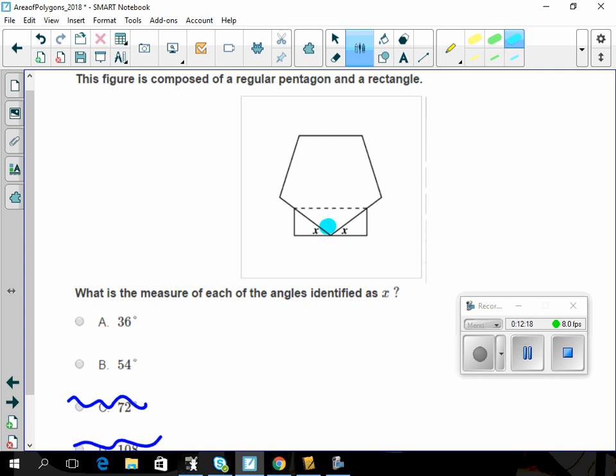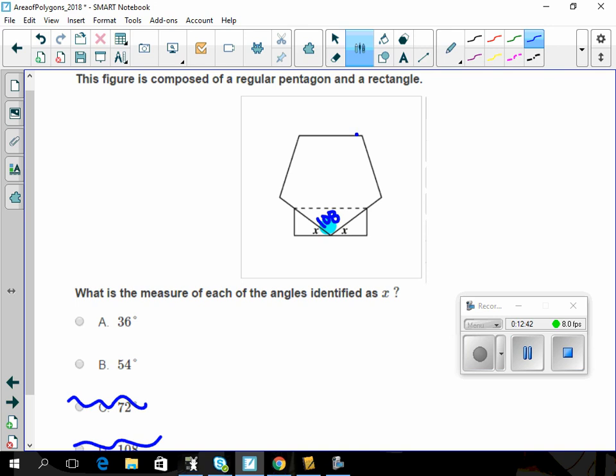Isn't that the inside angle of a regular pentagon? Yes. So why do you think 108 was an answer choice to begin with? Because it's tricking you because it's the blue angle. Is 108 the blue angle? Yep. All right.